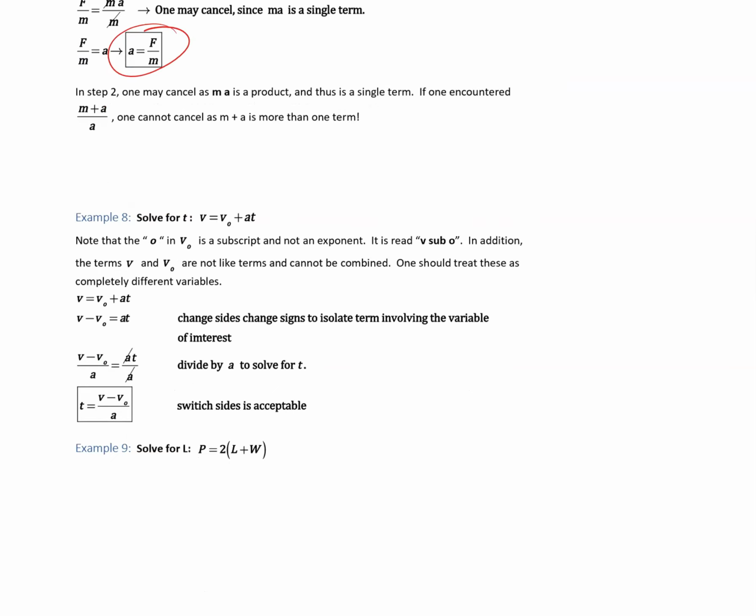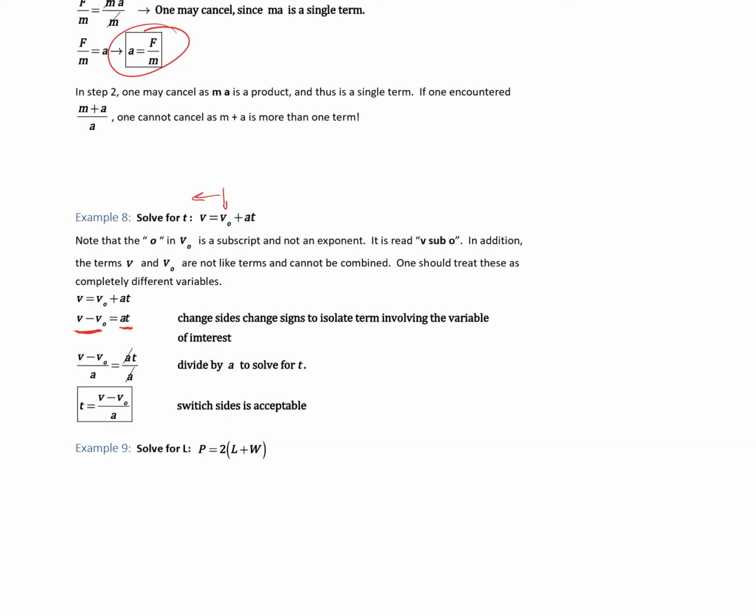Solve this one for t. So the first thing you want to do is subtract v0, so move that to the other side. Now this v on the left is not the same as the v on the right. This one has a subscript of 0, so they're different. So when you subtract it, you write them separately. v minus v0 equals at.